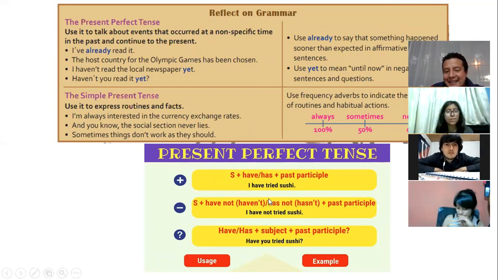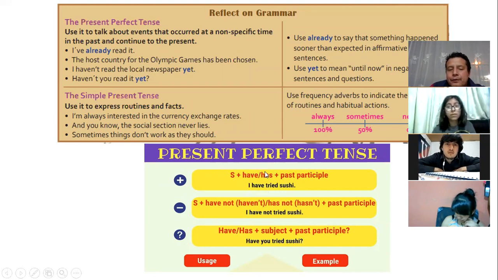For the present perfect tense, we use subject plus the auxiliary. As you know, for perfect tenses, we use the auxiliary have. This is as an auxiliary, not as a verb.